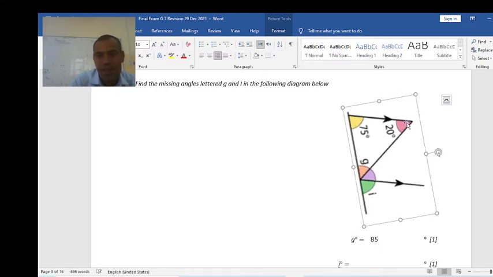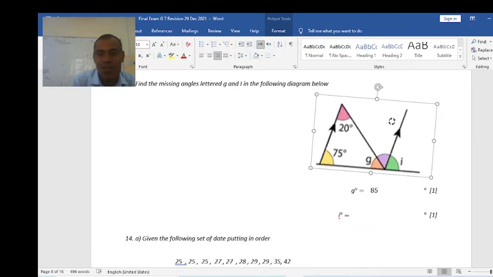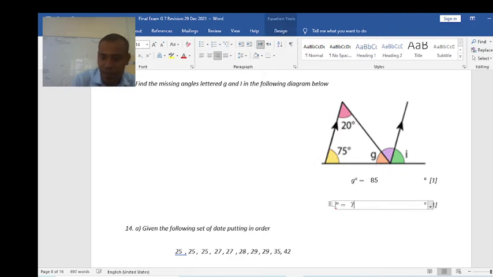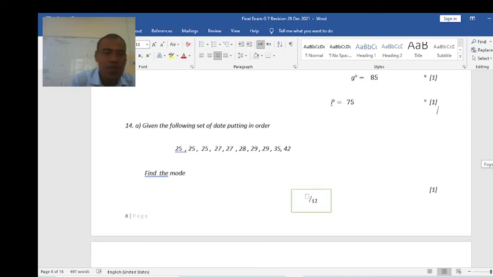This is F, you see. So this one is a corresponding angle, and this one is also called a corresponding angle. Their angles should be equal. The size of the angle should be equal. So it will be 75 degrees.